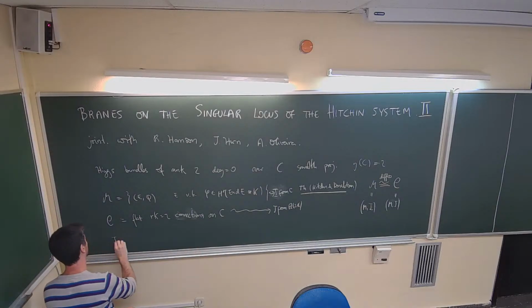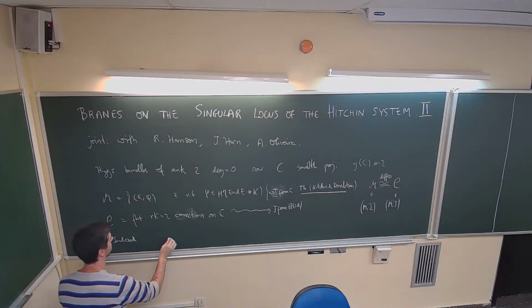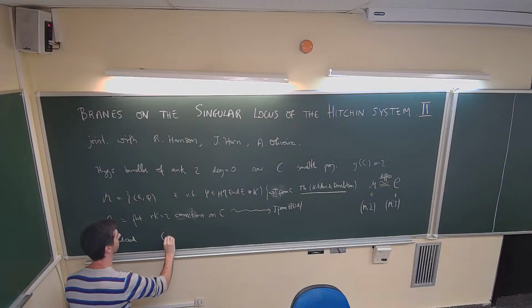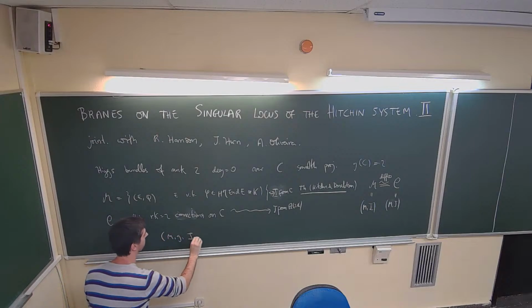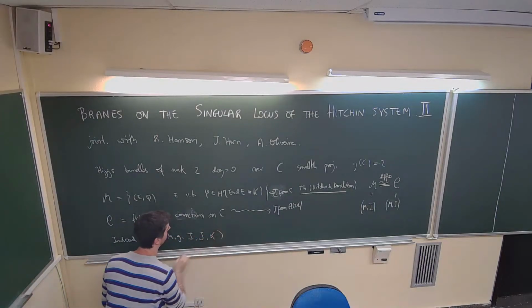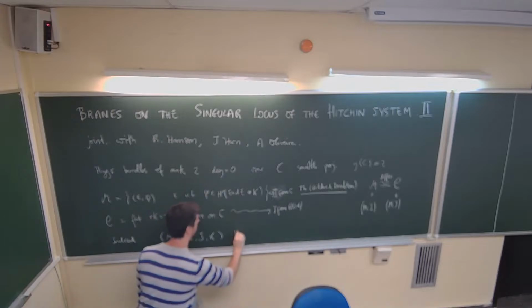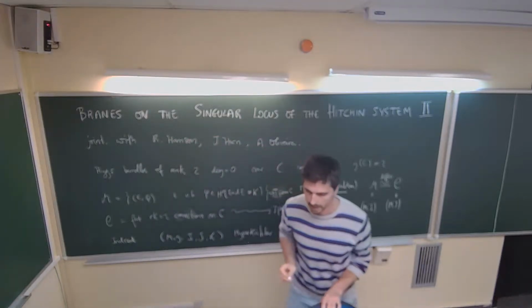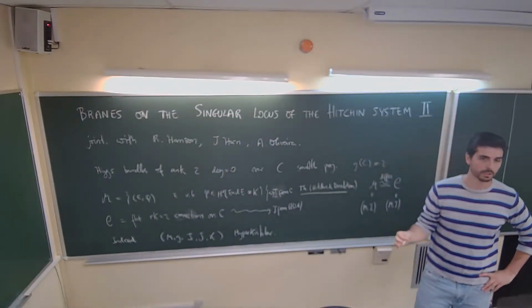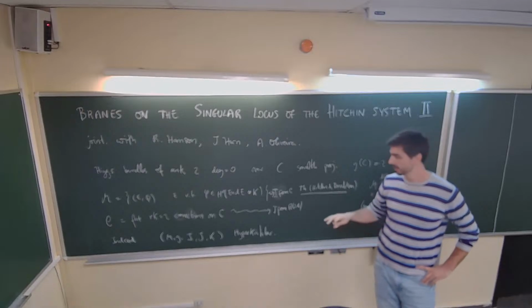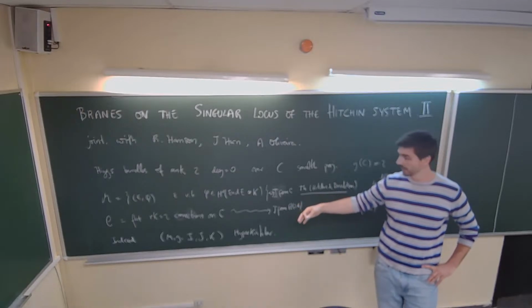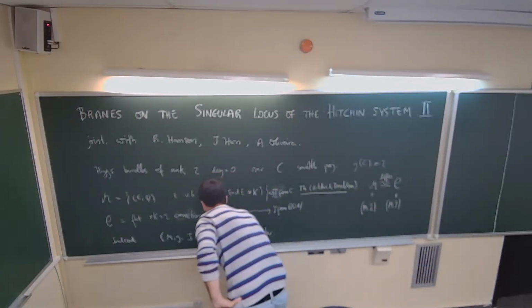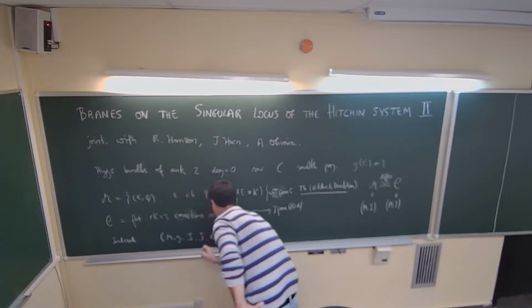So indeed, one can equip this with a hyperkähler structure, which, as you know, is a triple of complex structures satisfying the quaternionic relation. So meaning that K is precisely IJ.